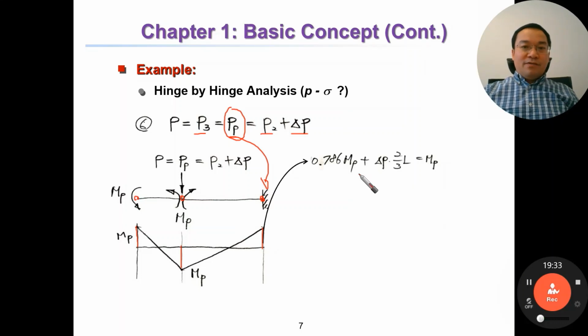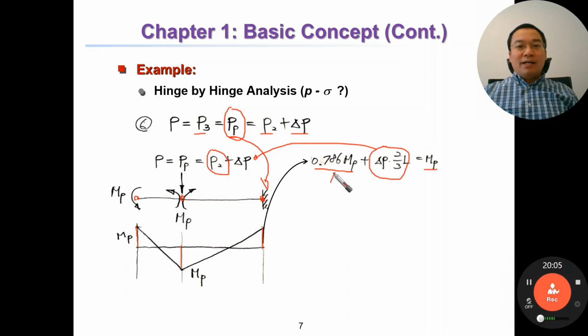The moment here is MP because the last hinge equals this one due to P2, and this one due to ΔP. It is a cantilever beam, as I already mentioned. So the moment due to P2 plus the moment due to ΔP equals the moment at this section.